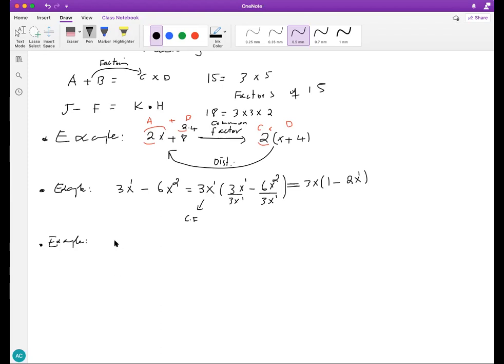Let's say 6x to the second plus 12x to the third and possibly 15, maybe x. So we have a trinomial here that we are trying to factor.